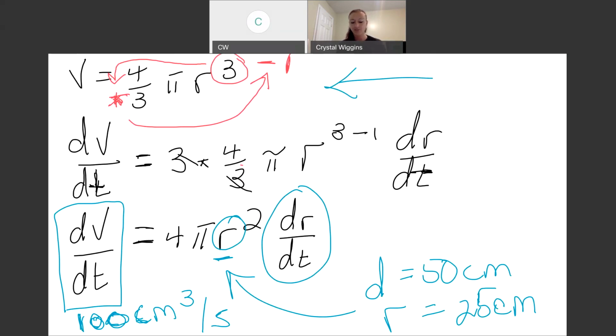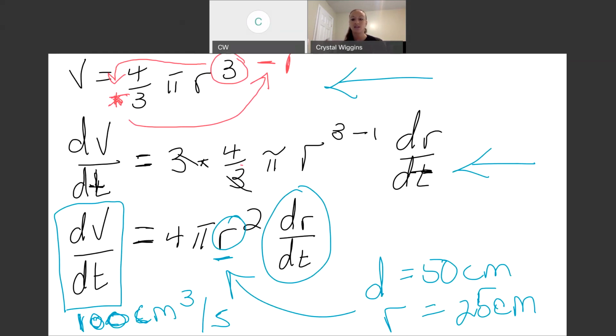We then took the derivative of both sides, and we treat every variable that's changing as a function. Volume is changing as the balloon increases, hence dv dt. Radius is changing as the balloon increases, dr dt, and there are no other variables here, so we don't have to worry about determining other variables and whether they're constant.